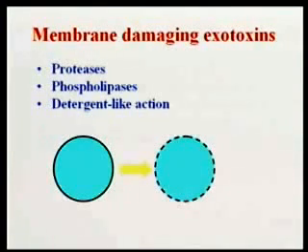Those are enzymatic. On the other hand, some exotoxins, not many, have a detergent-like action, that's not an enzymatic reaction. And that's why I used the word usually before, because there are a few cases where exotoxins are not enzymes. In this case, as an example, it's a detergent-like lysis of the membrane of the cell that causes it to be disrupted.